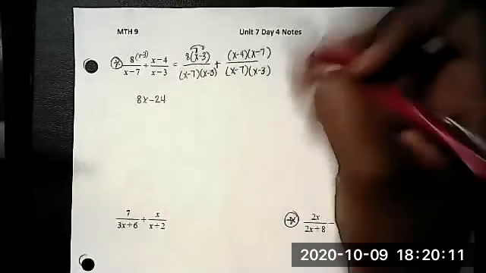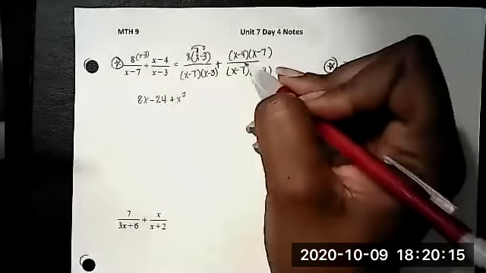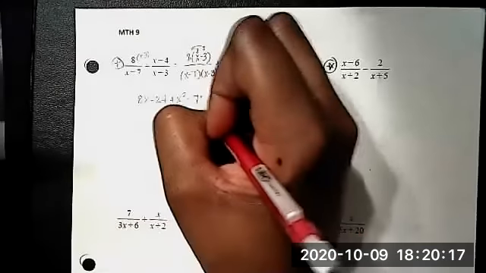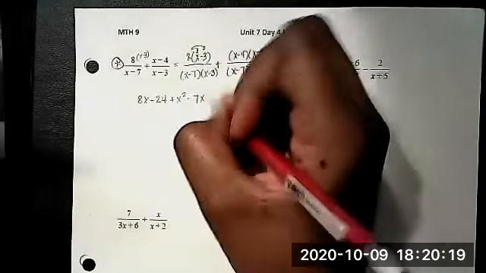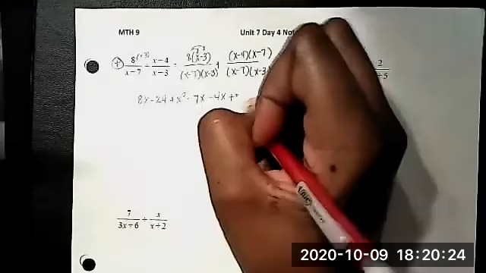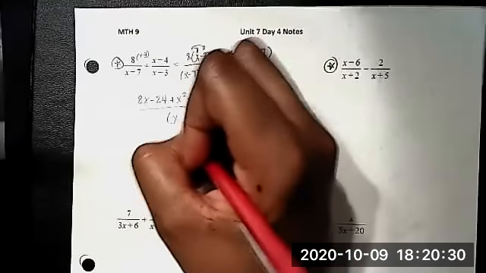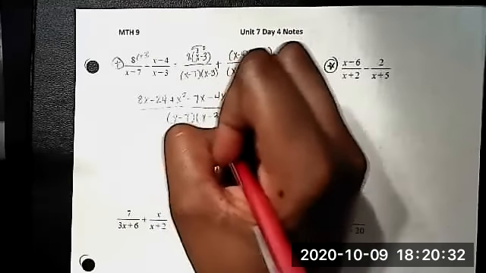So x times x is x squared. x times negative 7 is negative 7x. Negative 4 times x is negative 4x. Negative 4 times negative 7 is positive 28. And then, of course, it's all over x minus 7 and x minus 3.